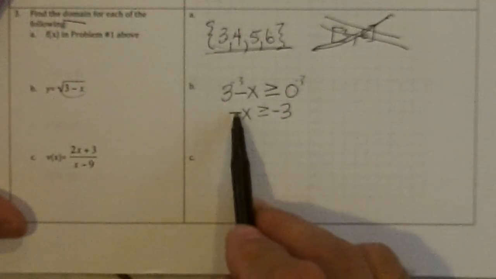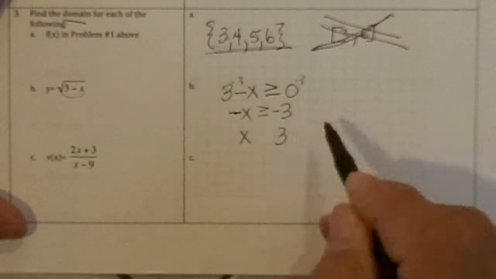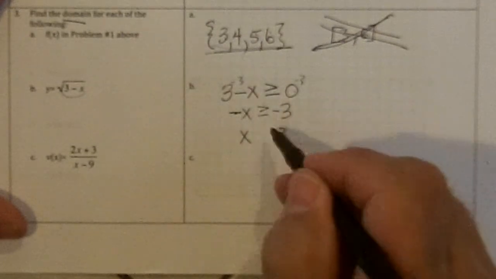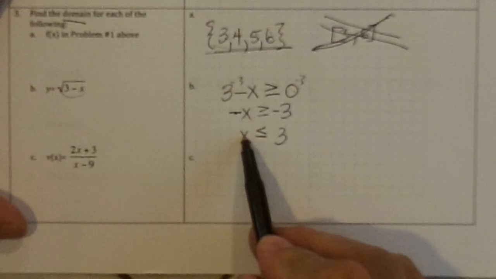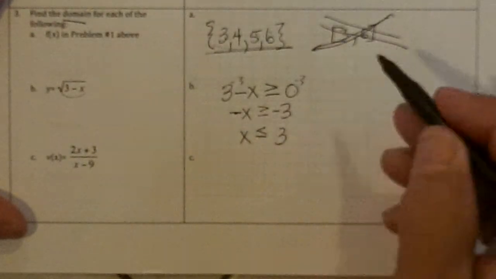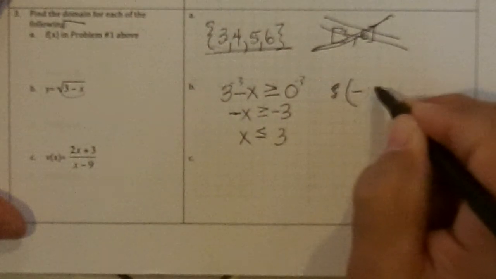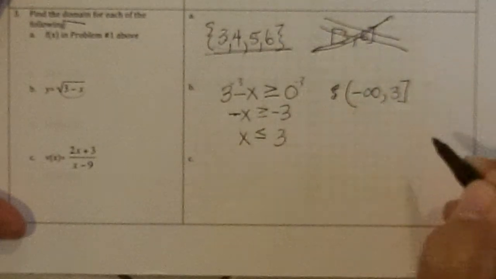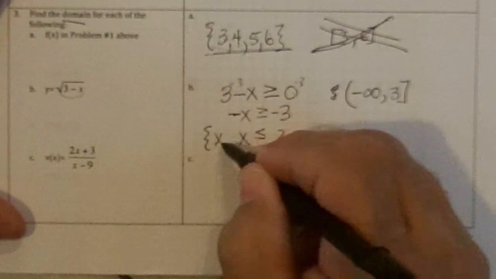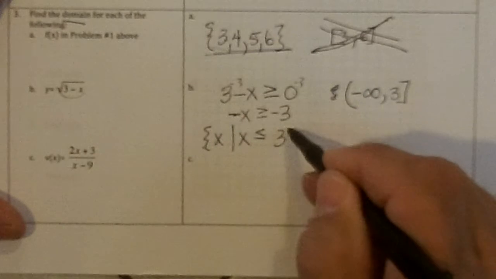And then if I solve for x, I have to multiply or divide by a negative. Either will work. And I get x, and I get plus 3, but if I divide or multiply by a negative, the sign has to flip over. And so the numbers I can use have to be less than or equal to 3. So that would be from negative infinity up to 3, and including the 3. Or I could write it with set notation. The set whose elements are numbers such that the numbers are less than or equal to 3 in the set.